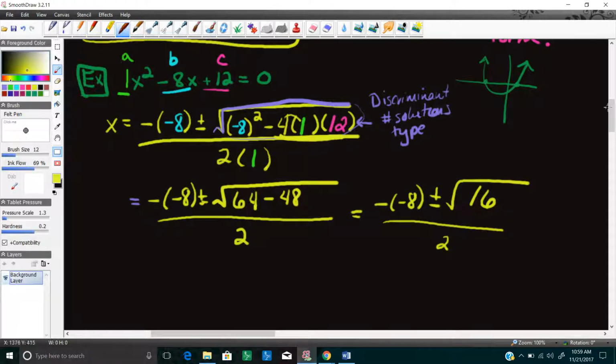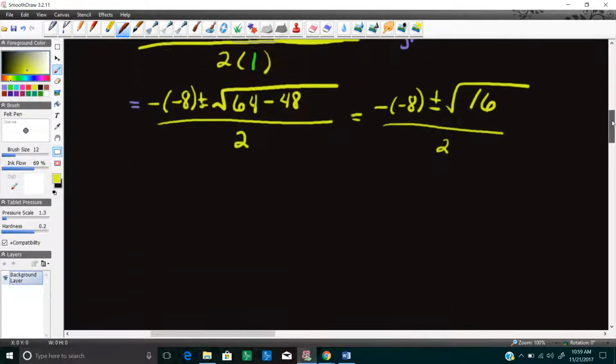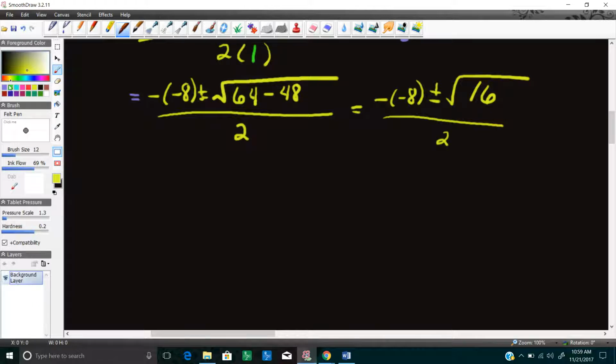And now I can go ahead and simplify even further. Let's use a different color just for the sake of difference. I know that 2 negatives make a positive, so this is going to be positive 8 plus or minus the square root of 16 over 2. And I know that the square root of 16 is just 4.